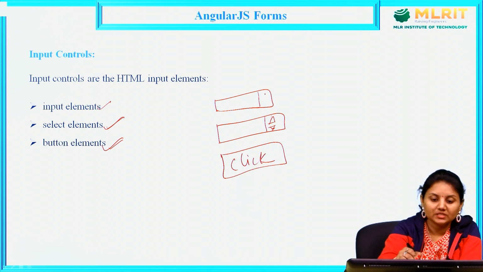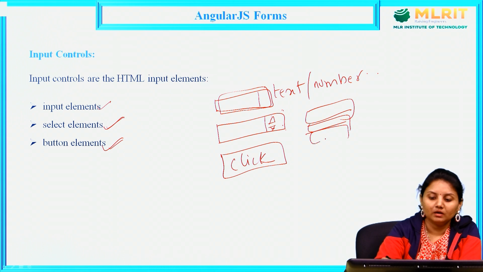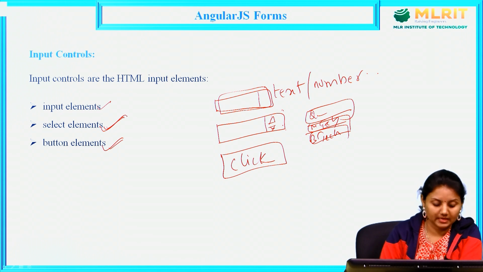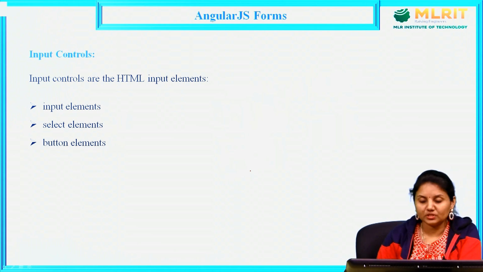The first one is the input box, for text or number or anything. The second is a selection among a list. Suppose you have qualification, MTech, BTech. If you want to select one from a set of elements, you use the select element. And a button is clicked to perform some action.